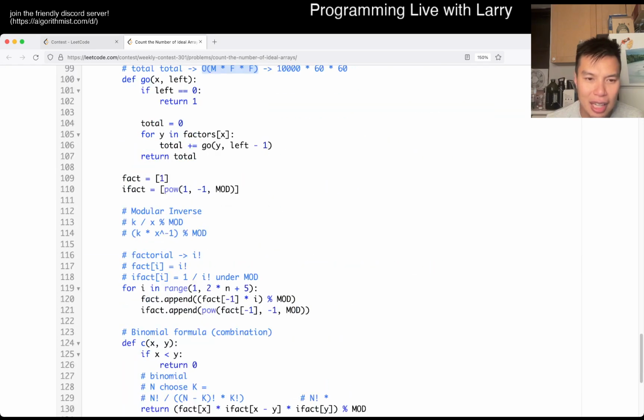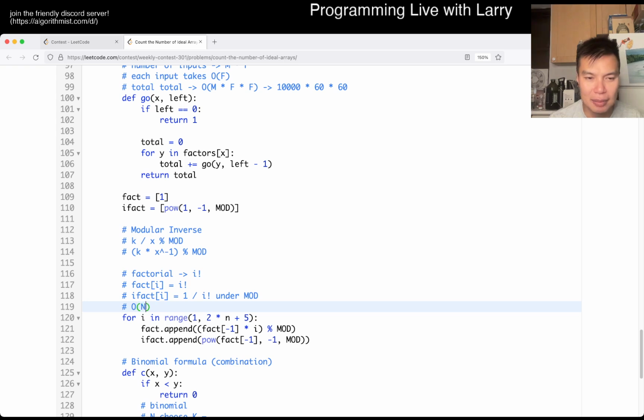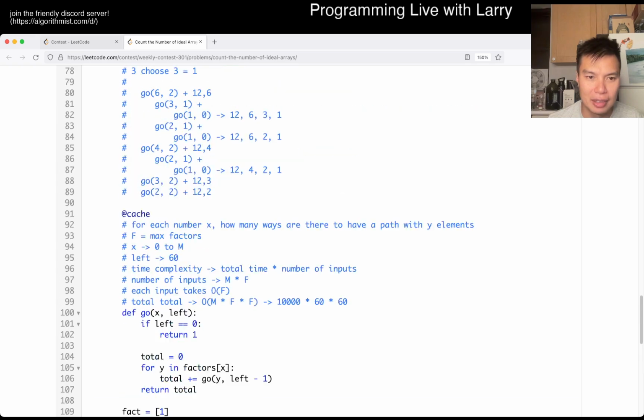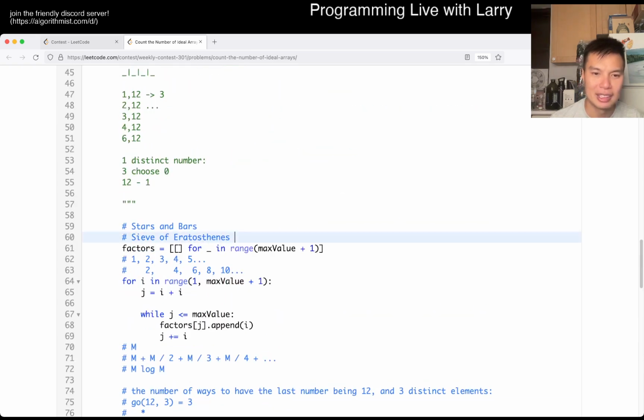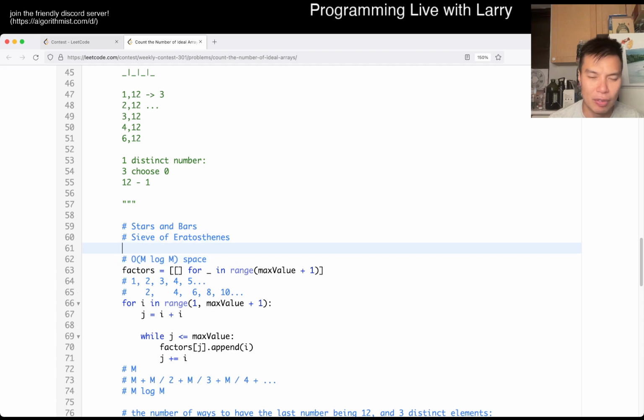Let's just say this is O of m times f. And this part is going to be O of n time and O of n space for the factorial and the loop to calculate. This part, as we already said, is going to be O of m log m space and O of m log m time.